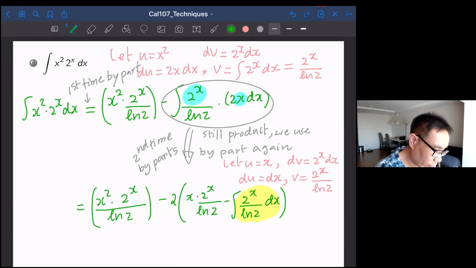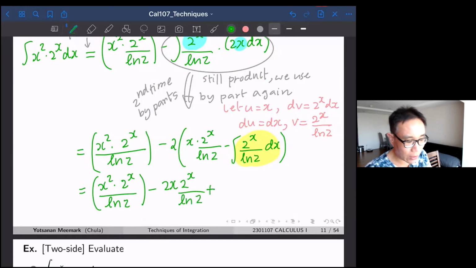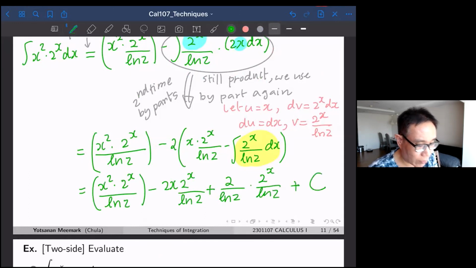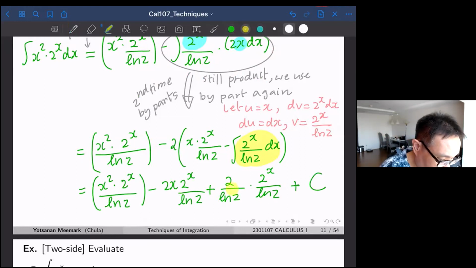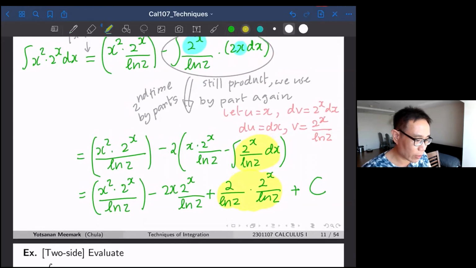And for this one, it will be x squared 2 to the x over log 2, and you have 2x times 2 to the x over log 2 plus, so you just integrate the yellow guy. It's going to be 2 over log 2 first, and then you integrate 2 to the x, you get 2 to the x over log 2, plus c. So this is the integral of the yellow guy multiplied with 2, and this will be your final answer.